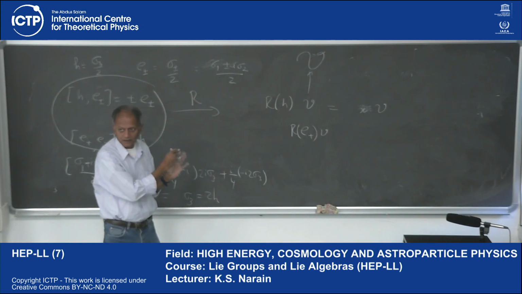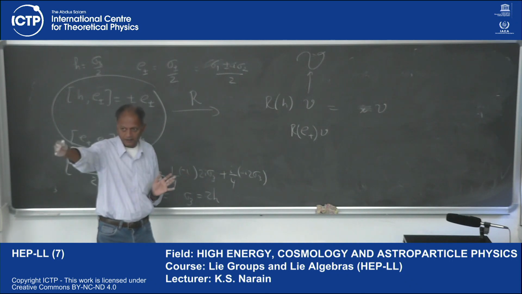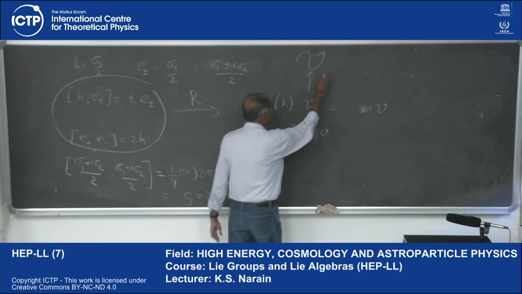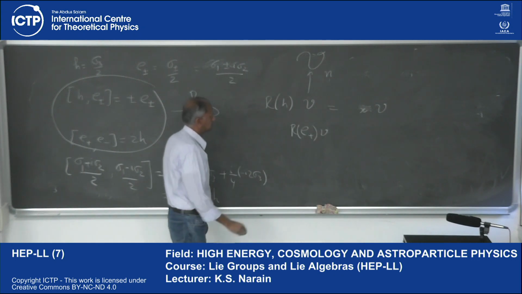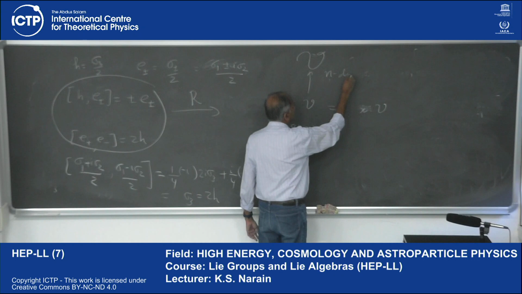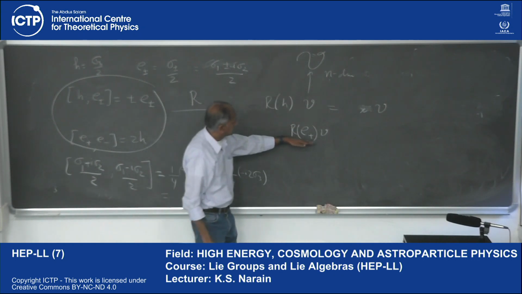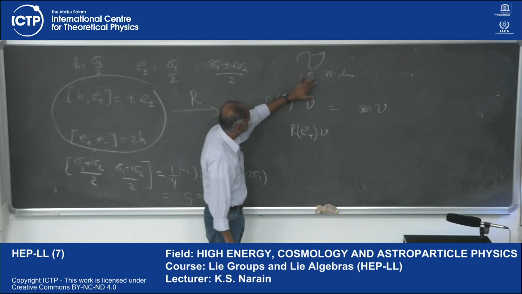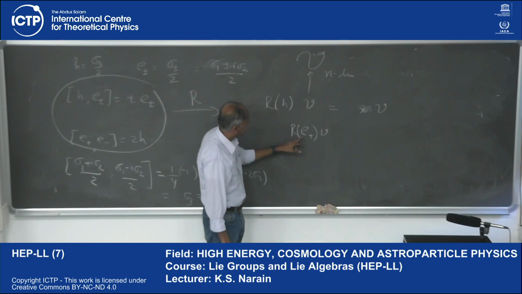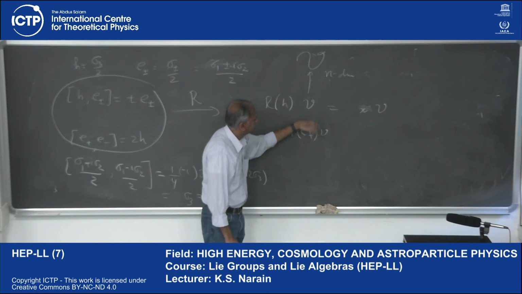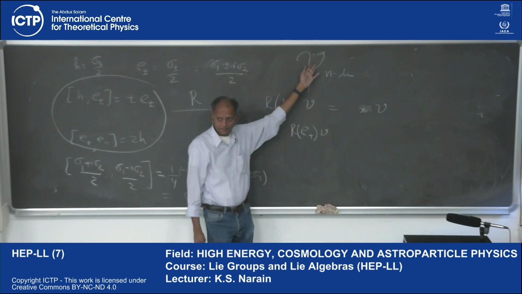It's not the adjoint, it's not the Lie algebra, it's some other n-dimensional vector space. We don't know what this n is yet. If this is a representation, that means when I apply R of any Lie algebra element on V, it is again going to give me something inside the space.